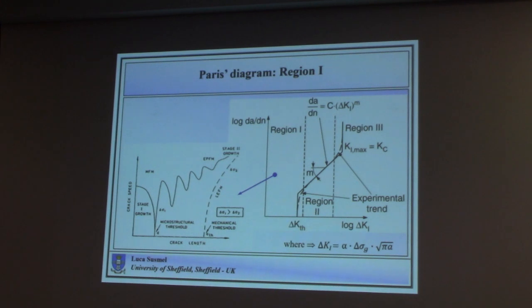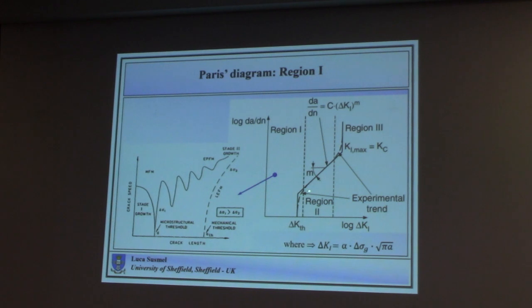We know that the crack is propagating very, very slowly, but still with this diagram we cannot predict the crack growth rate. What they do is keep monitoring the crack until delta K for that crack becomes equal to more or less delta K_th, because they know that from that moment onwards they would enter region 2.